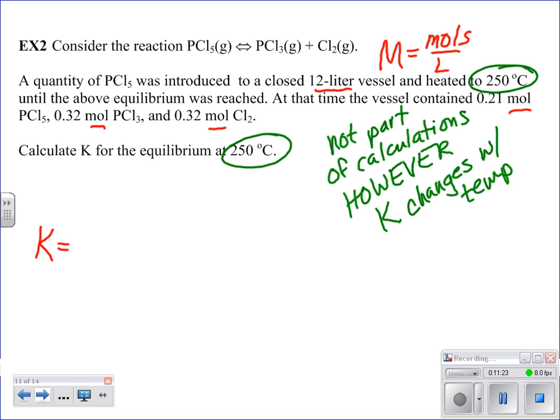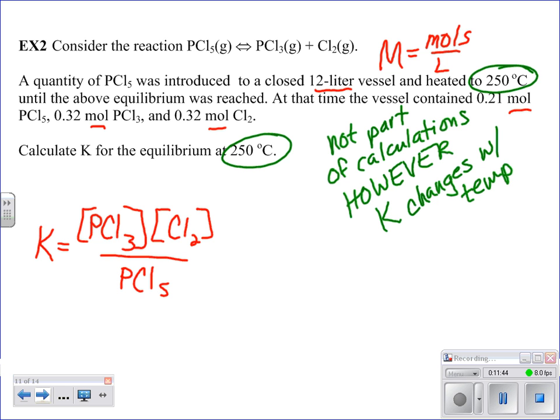So we're going to do the equilibrium constant expression. We know gas, gas, gas, so all of these are involved in our equilibrium constant expression. I'm going to take the molarity of my PCl3 raised to the first power times the molarity of my Cl2 raised to the first power, and then divide that by the molarity of my PCl5 raised to the first power.